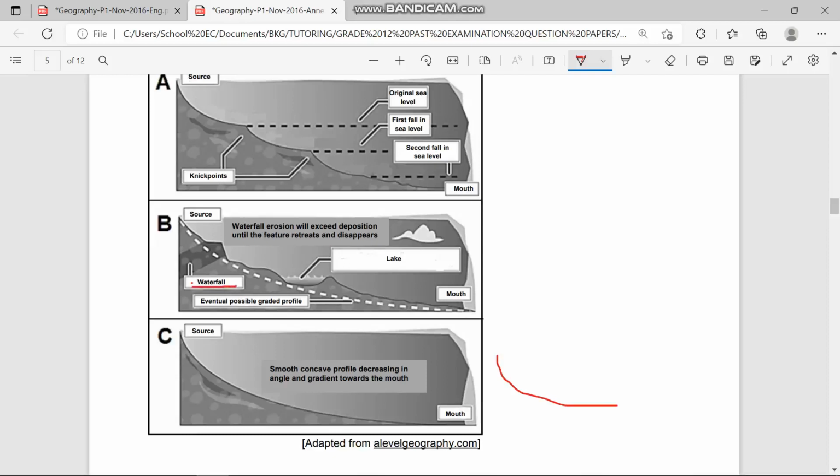It's a lake. It's a nick point. It's rock outcrops as well. I mentioned nick point. So let's go and write them down.